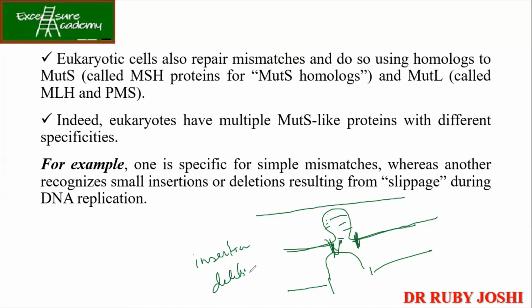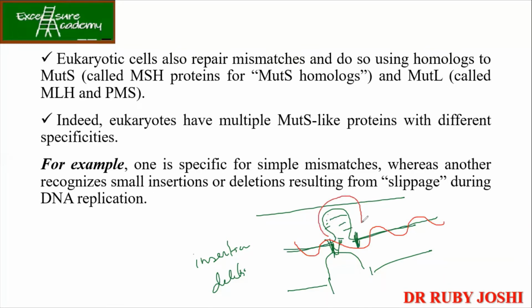Understood? Yes, ma'am. So now the question is, अभी क्या होगा? See. So what will happen when this is opened? देखो जब आपने replication किया, अभी ये suppose आपका daughter strand है, ठीक है? So what will happen?